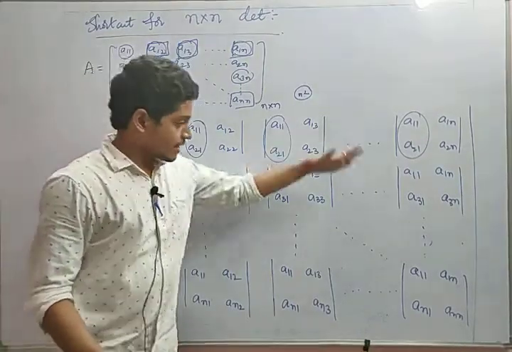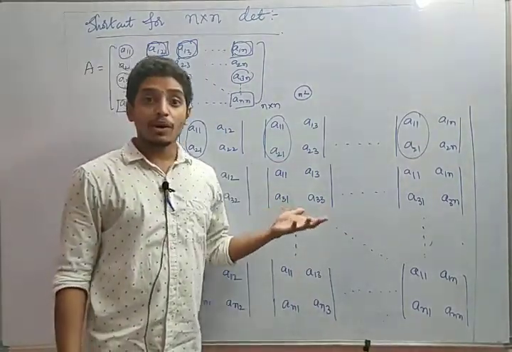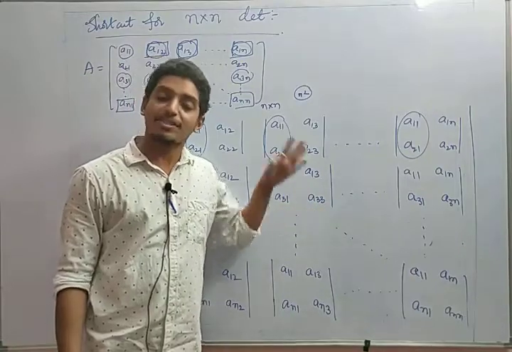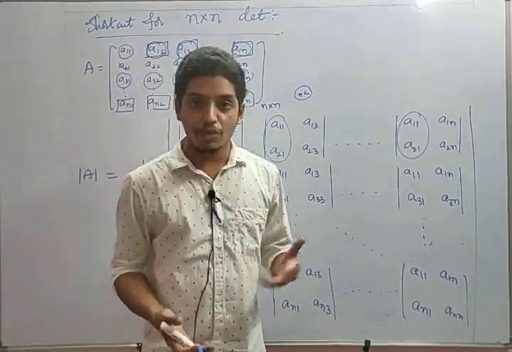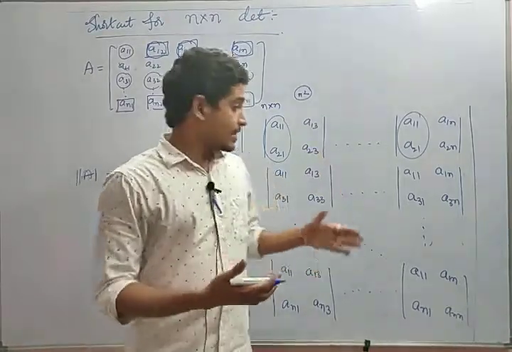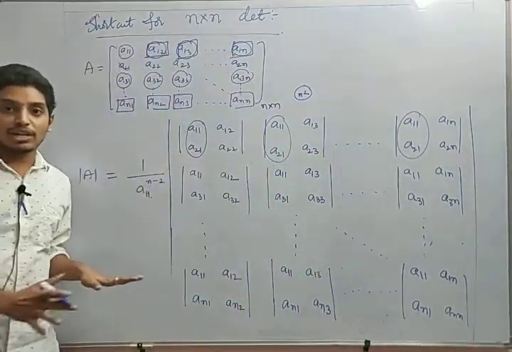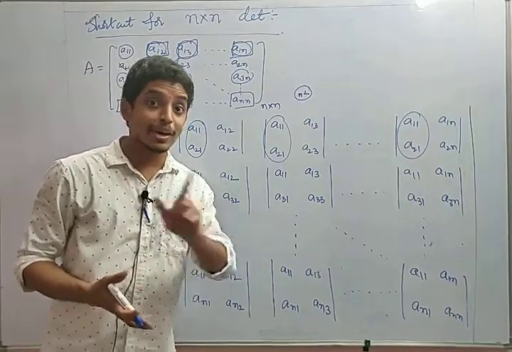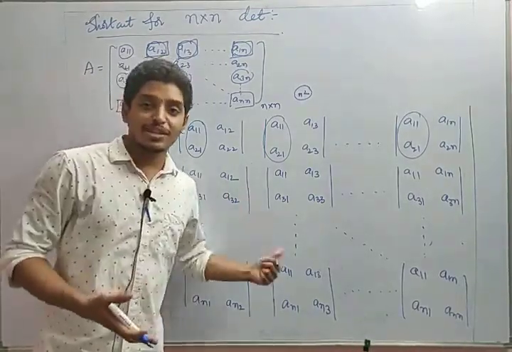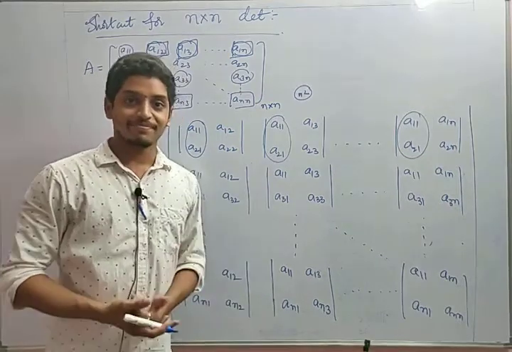By looking at this much space, you feel that, oh my god, this is the toughest shortcut. No, this is a very simple method, friends. Better than the application of elementary transformations to find the determinant, this particular method is very much helpful. So now let us find the determinant for a 4 by 4 matrix, then you will understand how helpful this method is for us. Okay.